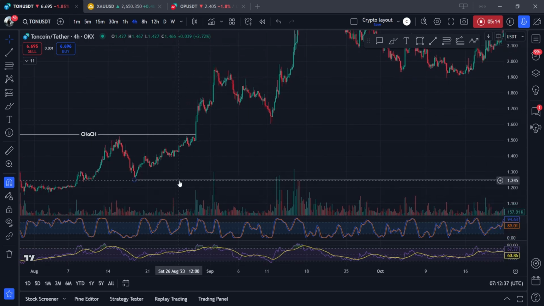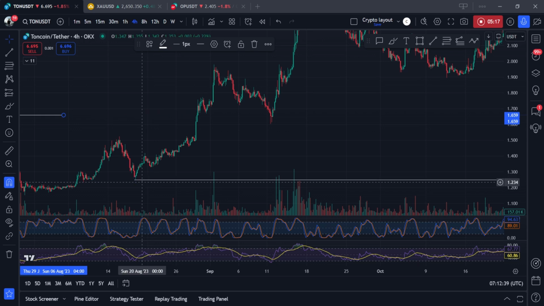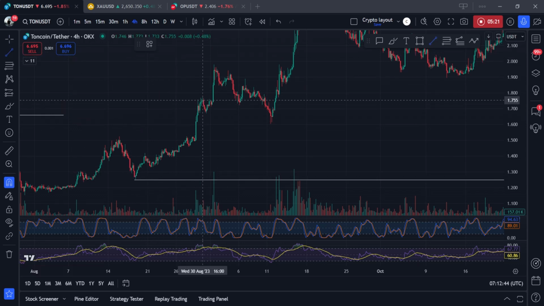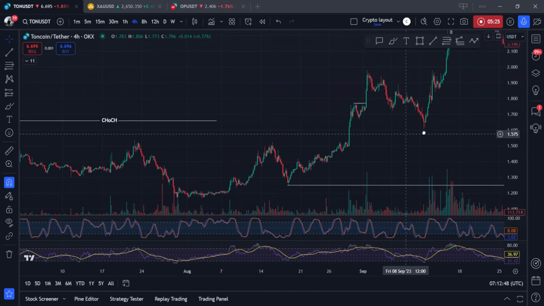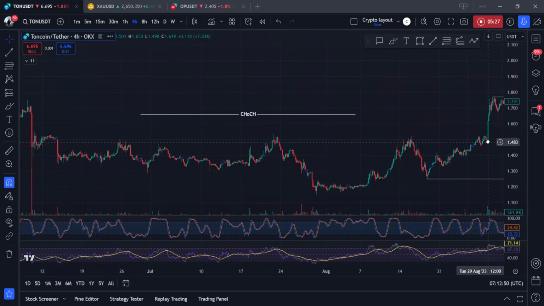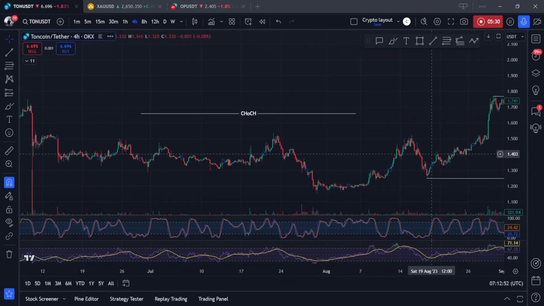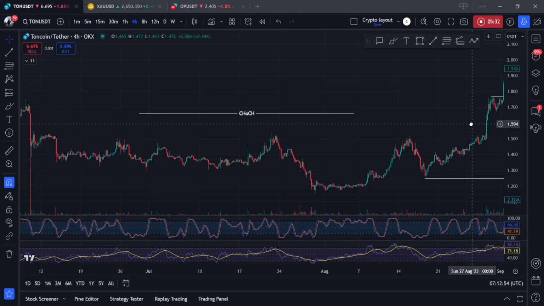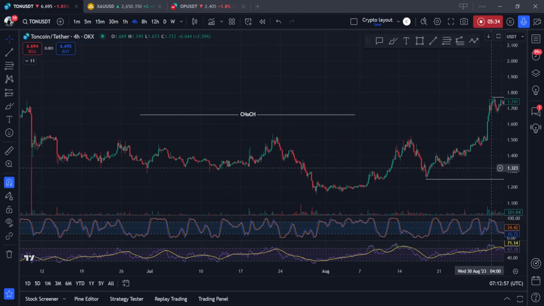Okay, so this is the lowest low, and this is the highest high. That's how you read the structure. Let's just assume we don't know what's happening. This is the low, this is the high. The price can go anywhere, actually, because it turned bullish.